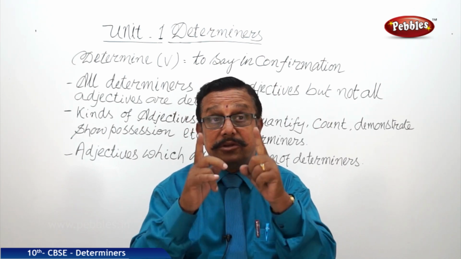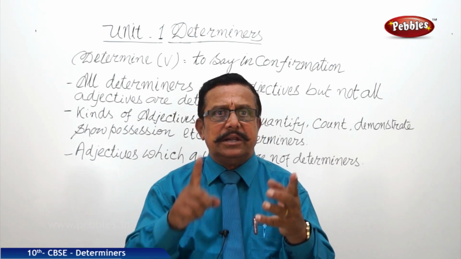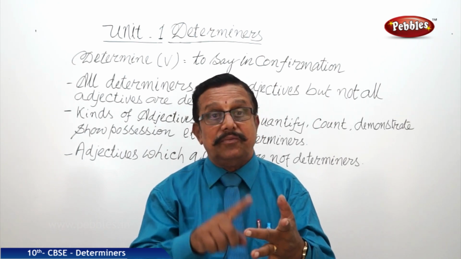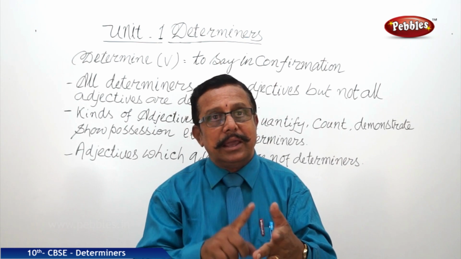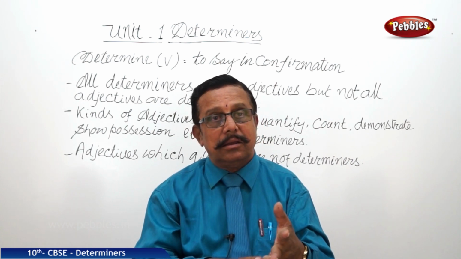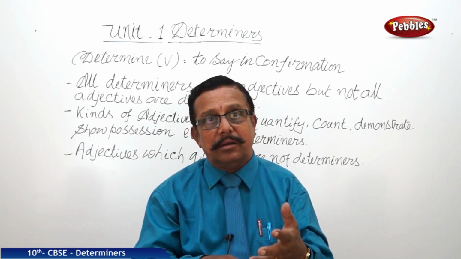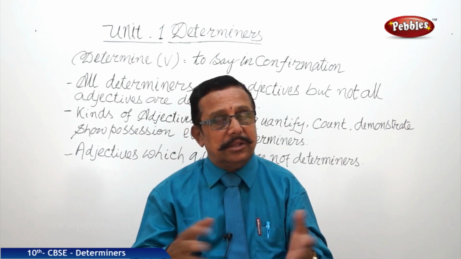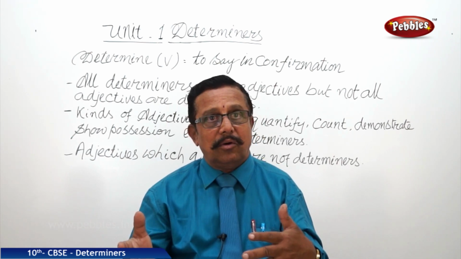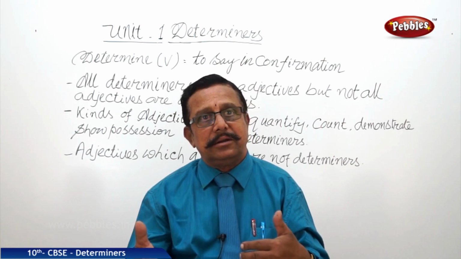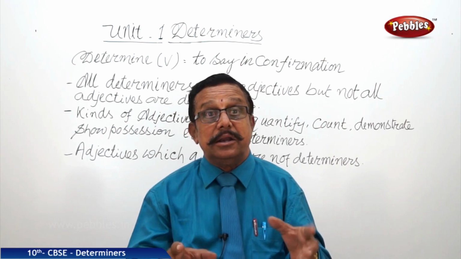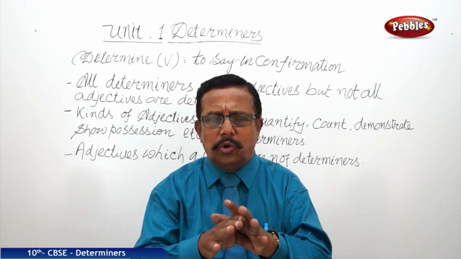They are called determiners. Whether it is more, less, few, all, any, none, 1, 2, 3, a and the, this, that, these, those, which, all these are determiners. There is no doubt in it.